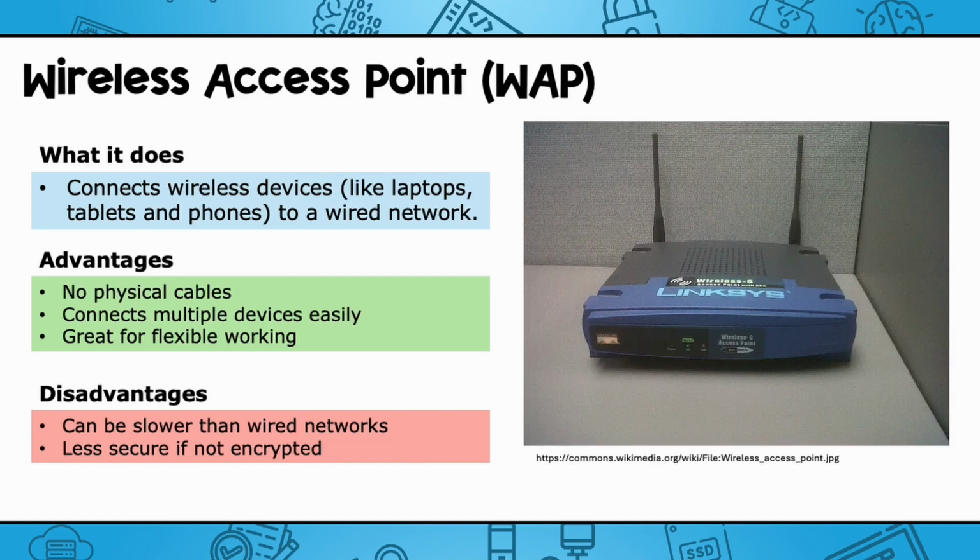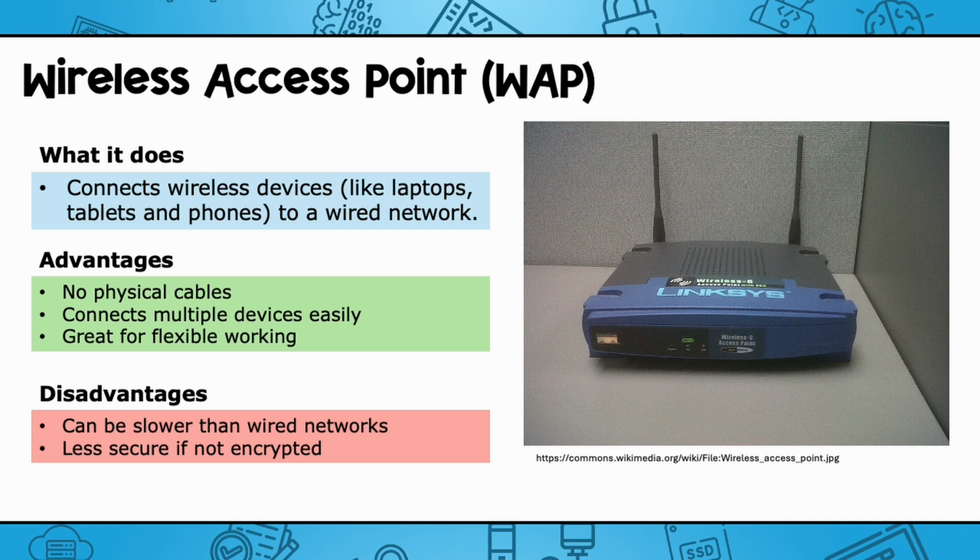So next piece of hardware is what we call a WAP, a wireless access point. These you will find all around school, in businesses, all over the place. You may have some at home, and this is not the wireless router that you've maybe got under your TV that allows you to access the internet. A wireless access point is different.